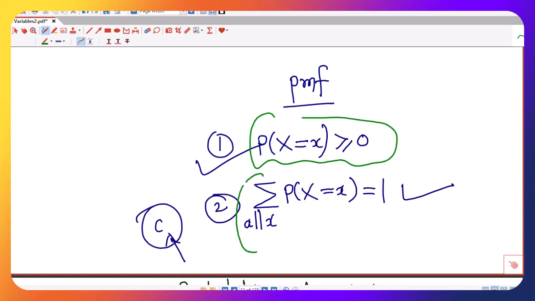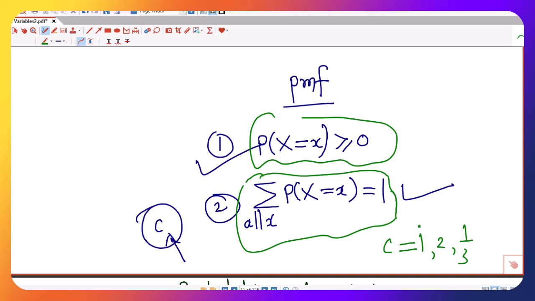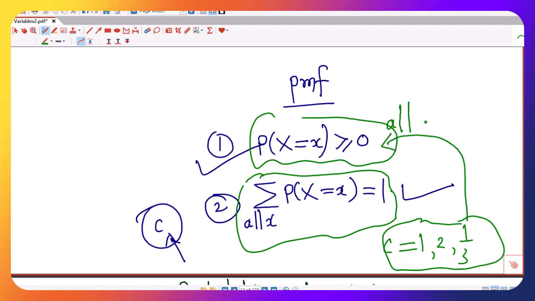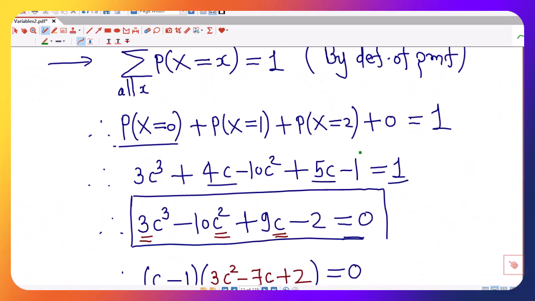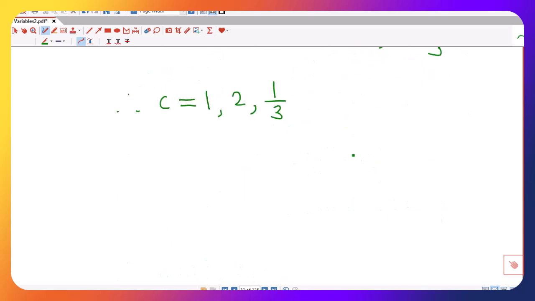So we have used this second condition to find out values of c, and we obtain 1, 2 and 1 by 3, and among these three values we have to consider that value of c which satisfies this condition, that is, that value of c for which this probability is non-negative for all x. And here we have to check for x equal to 0, 1 and 2 only, because this probability mass function is 0 at all other points except 0, 1 and 2. So we check one by one for c equal to 1, 2 and 1 by 3.